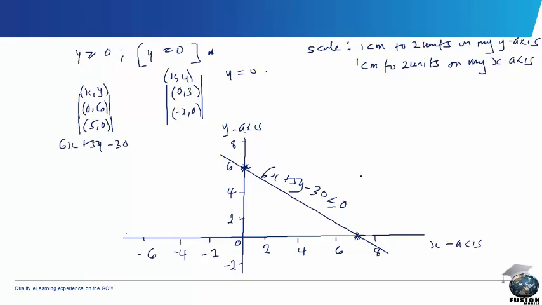Then we check the second line. When x is 0, y is 3, and so 3 lies in between 2 and 4, and when x is minus 2, y is 0, and so this is our minus 2, and so we fit our graph 2 at this point.